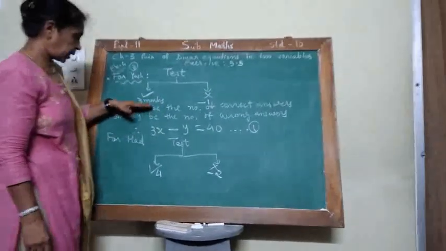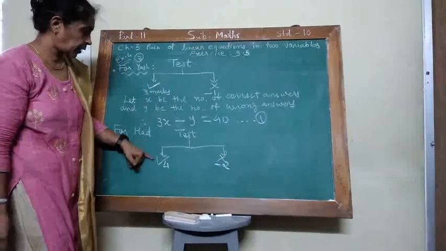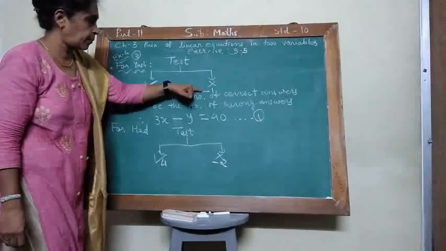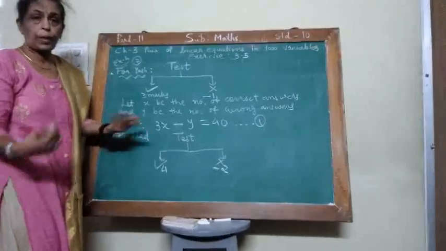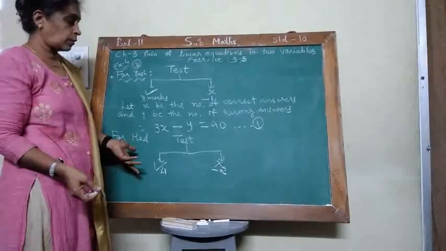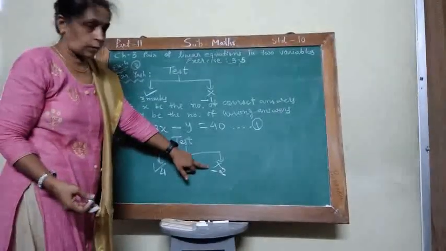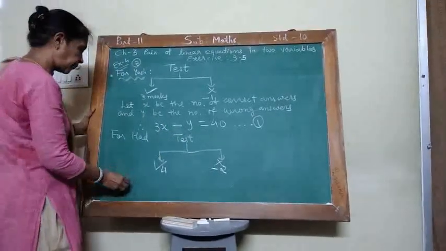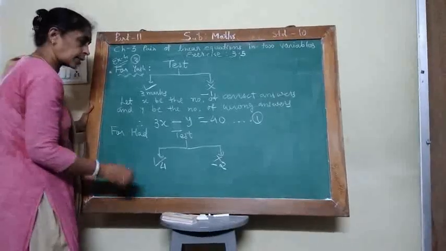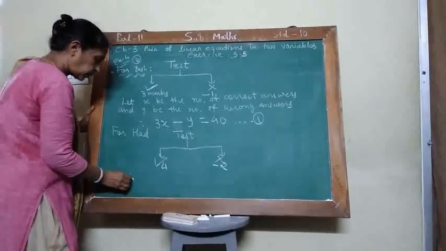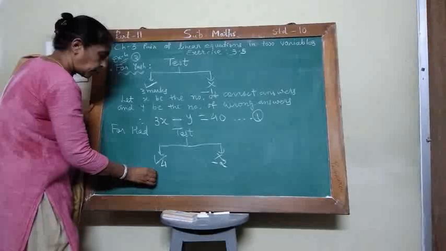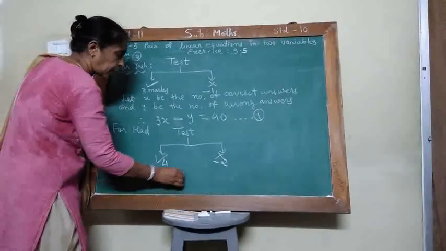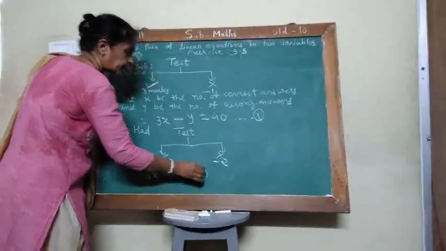So here see the different thing. Here 3 marks for correct answer, here 4 marks. Here -1, here -2. If he does a wrong answer, he loses 2 marks. And the total marks given is 50, so the equation becomes 4x - 2y = 50.